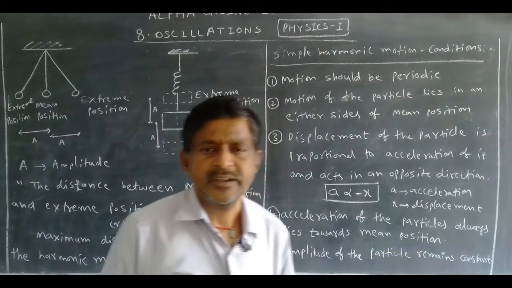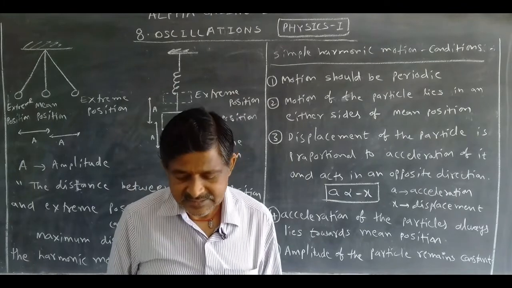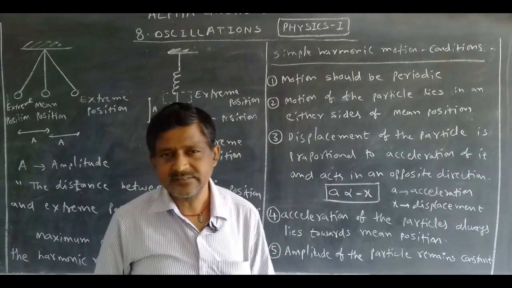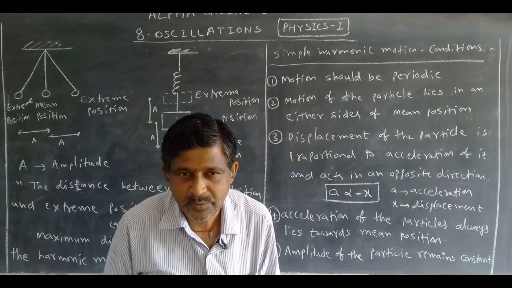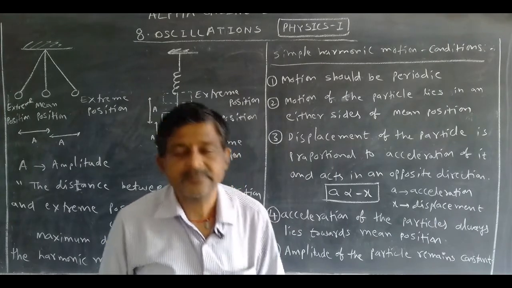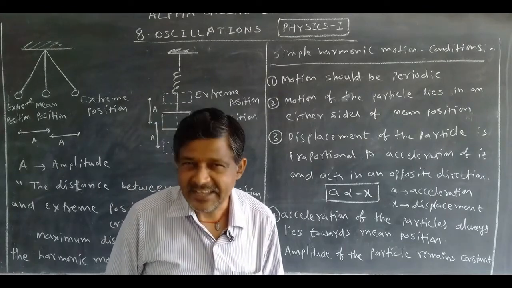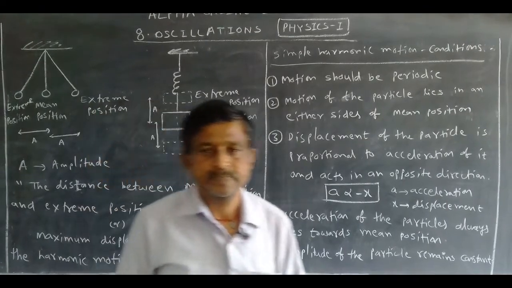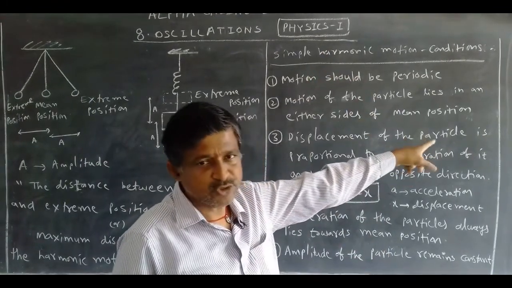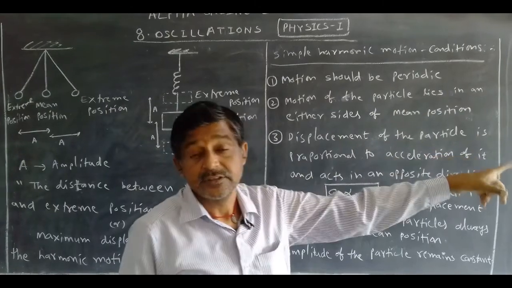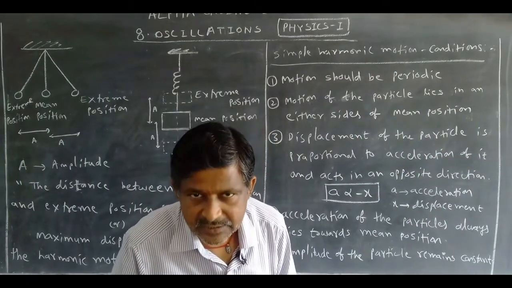Which particle or object obeys these conditions, that motion is called simple harmonic motion, and that object is called a simple oscillator.